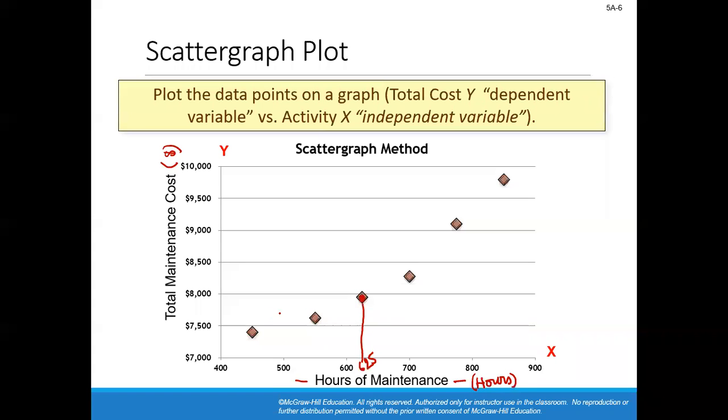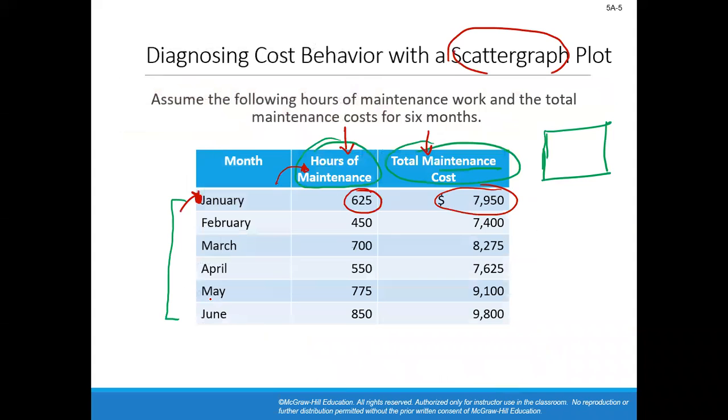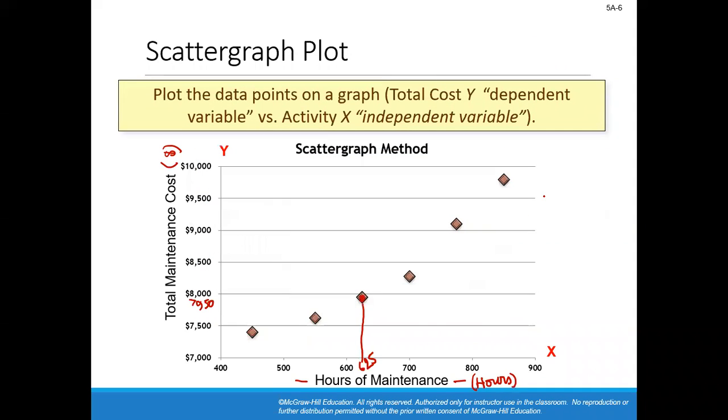And we are representing a cost which is very close to 8,000, like 7,950. So in this way, we can plot each relation here. So you see, each plot here is scattered in the whole area.